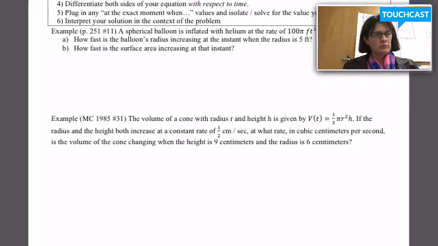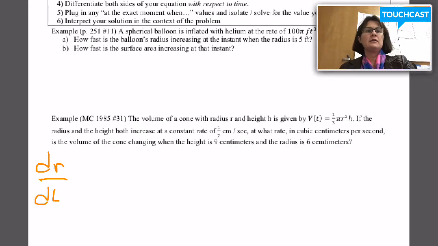So, what do I know? I know that dr/dt, the rate at which the radius is increasing, is 1/2 of a centimeter per second.